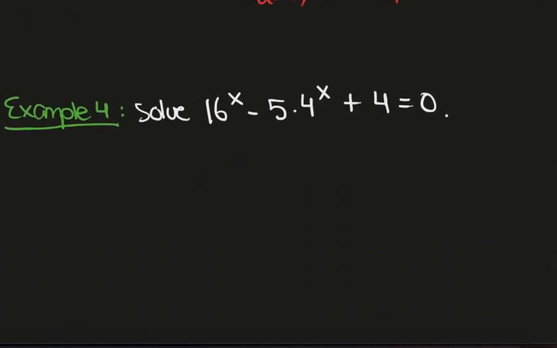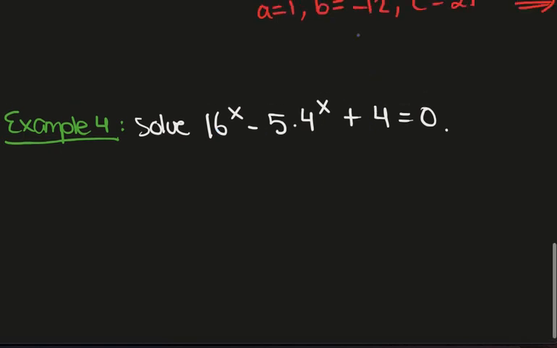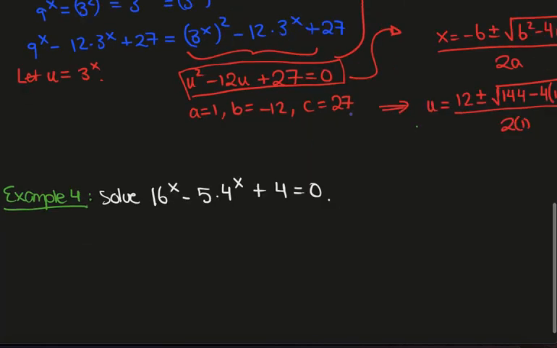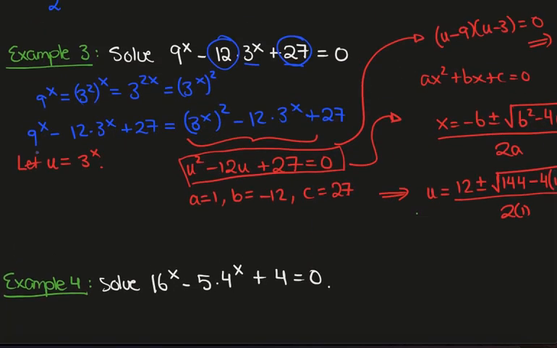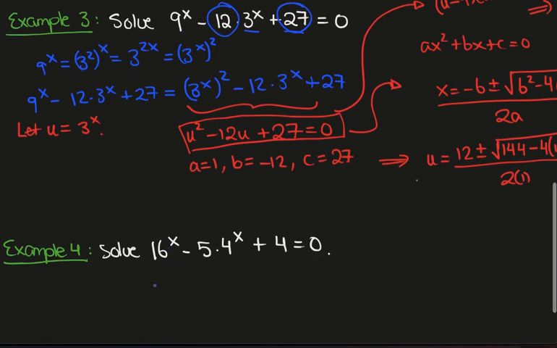So we have: solve 16 to the power of x minus 5 times 4 to the x plus 4. Notice that the form is exactly the same. So the base that we chose here was 3. The base we want to choose here is 4. So I'm going to write 16 to the power of x as 4 to the x squared.